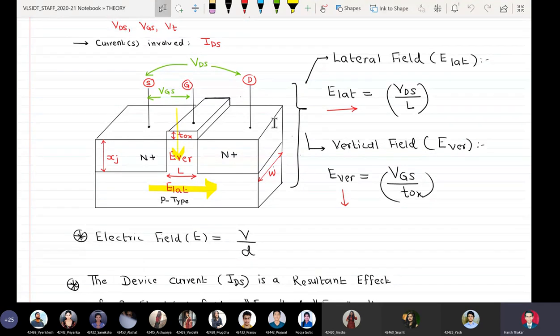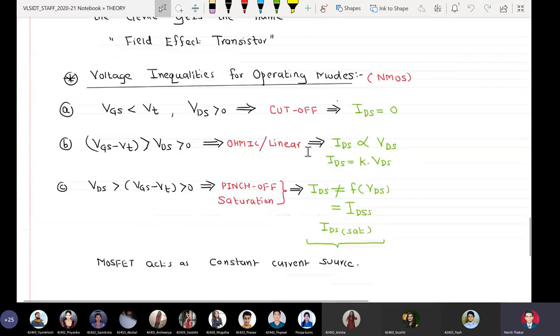So VDS upon L is the lateral electric field within the device, and the vertical electric field is VGS upon Tox. And the existence and the interaction between these two fields actually decides the amount of current which flows from the drain to the source terminal or from the source to drain, depending upon which kind of MOS you are actually discussing.